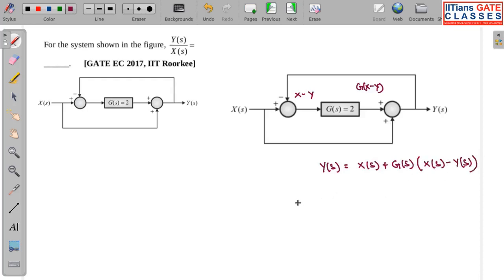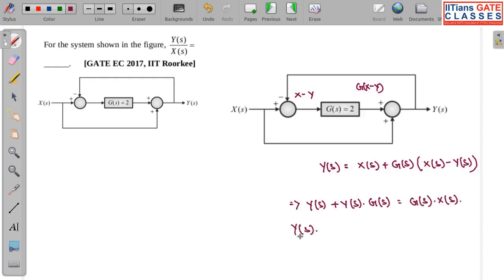So if we solve this, Ys, and this part I am bringing over here. So that will be Ys into Gs is equal to G of s into Xs.